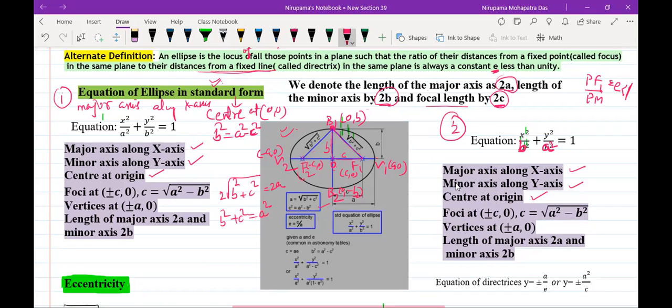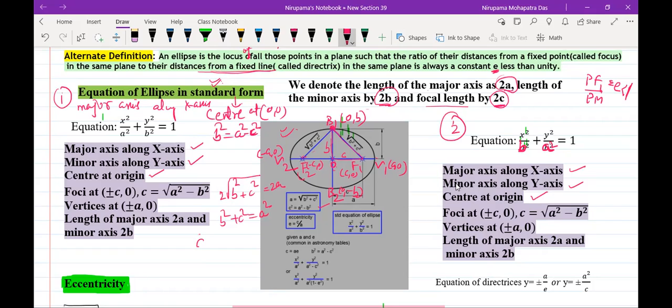Similarly, B1 F2 is also the square root of b square plus c square. Whenever you take B1 F1 plus B1 F2, that is equal to 2a. So twice the square root of b square plus c square equal to 2a, or you can say b square plus c square equal to a square.